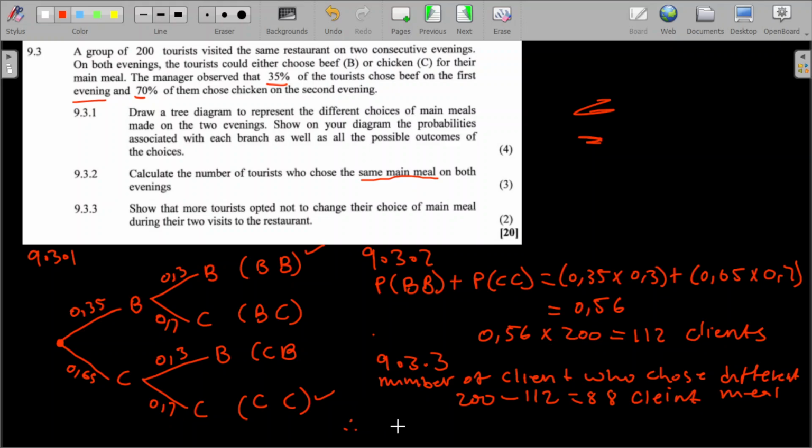From here, I can say in conclusion, more clients preferred to make the same choice of the meal, because in terms of numbers, 112 chose the same meal and 88 chose a different meal.